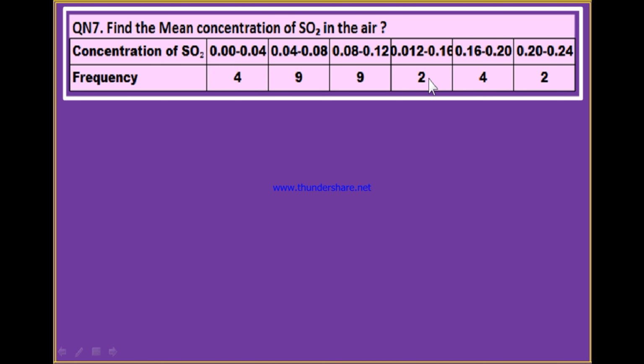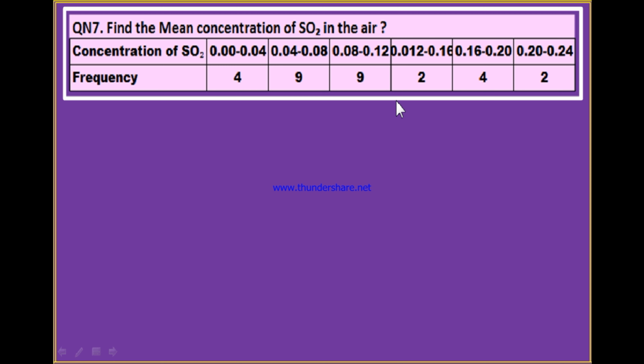The frequency is 2. 0.16 to 0.20. The frequency is 4. 0.20 to 0.24. The frequency is 2. The first row is the concentration of SO2 and the second row is its corresponding frequencies. Now we have to find the arithmetic mean for this given data.